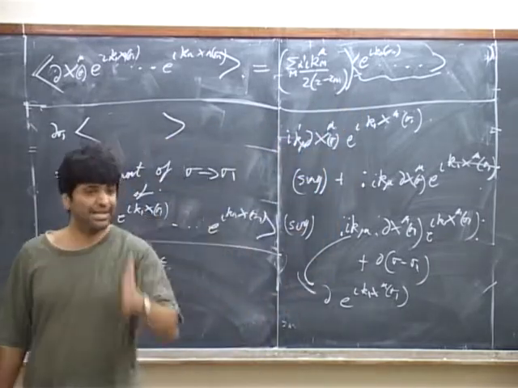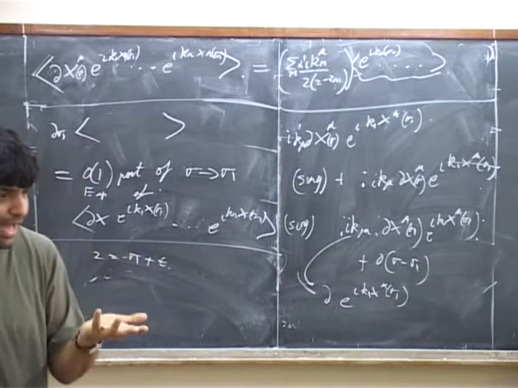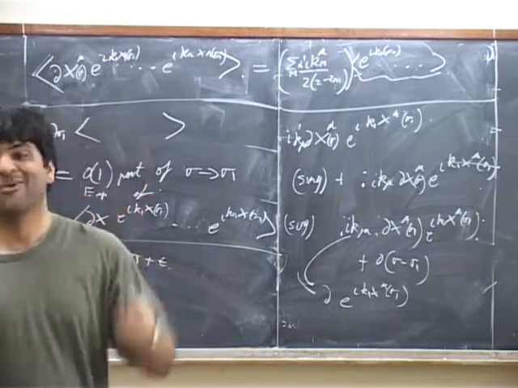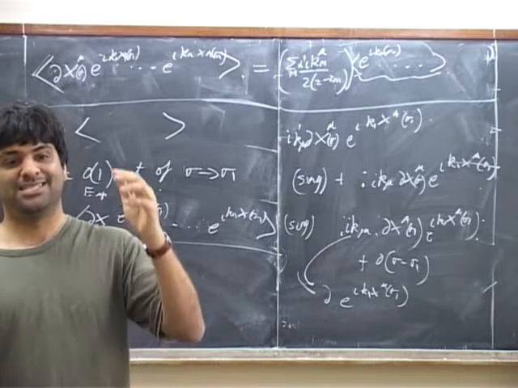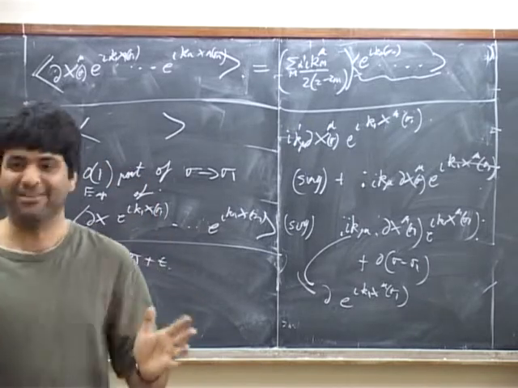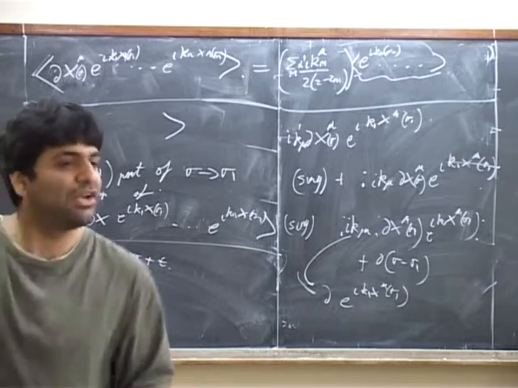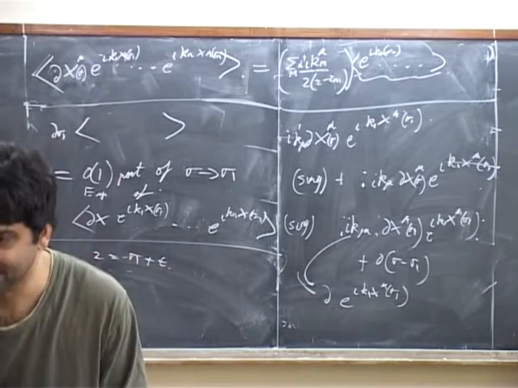The term that was z minus zj, from j not equal to 1, was z1 minus zj plus epsilon. Expansion in epsilon gives you the higher order terms, we don't care about this.